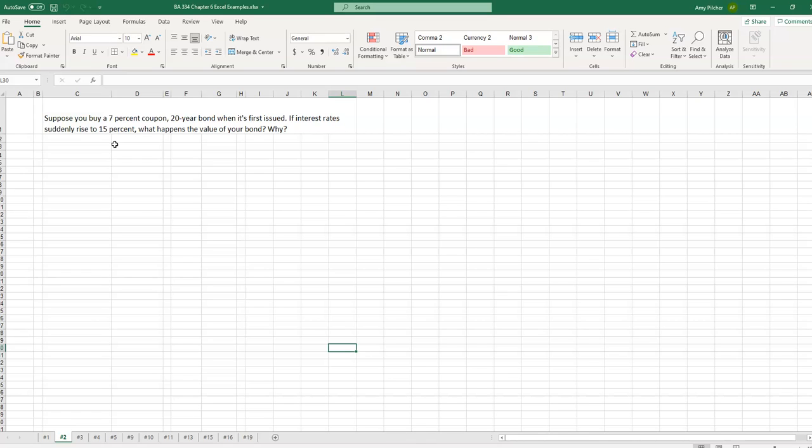Well, the exact opposite happens when the market rate is higher than the coupon rate. So when the market rate is higher than the coupon rate, that means I can get a better interest in the market from my investment than I can from investing in a bond, which decreases the value of that bond.